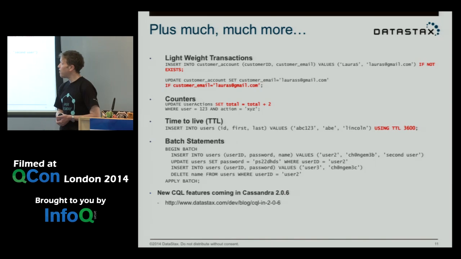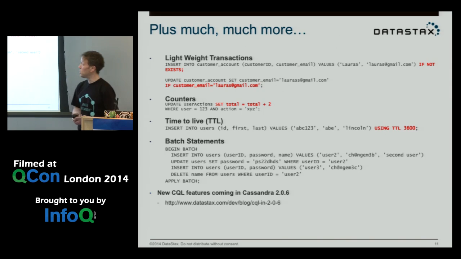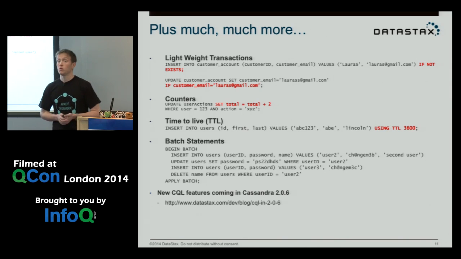We also have batch statements. Batch statements are a way of batching up a multitude of statements. They are atomic in what they do. And I'd also suggest looking quite closely at what's coming out in 2.0.6 and 2.1, also around using lightweight transactions within batch statements as well.